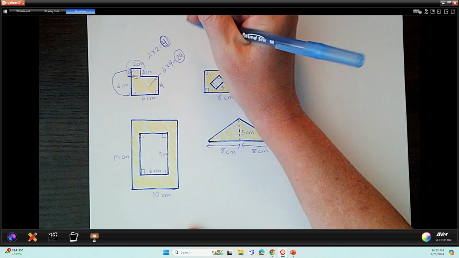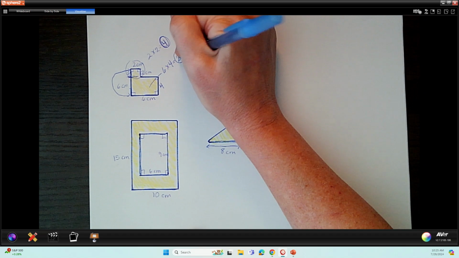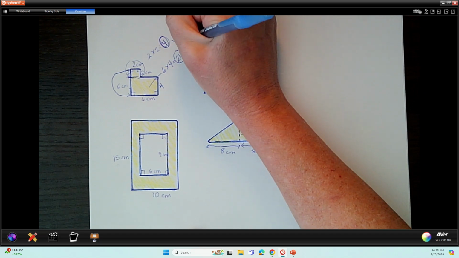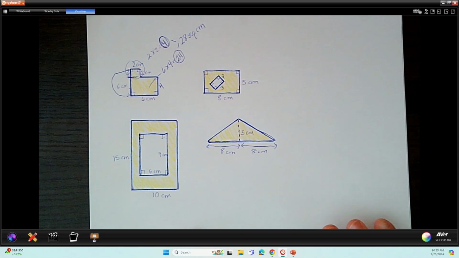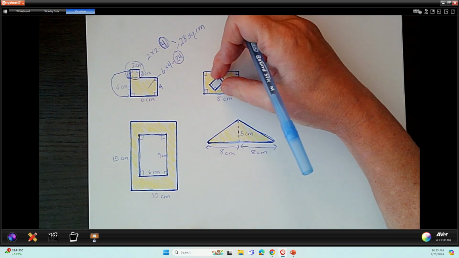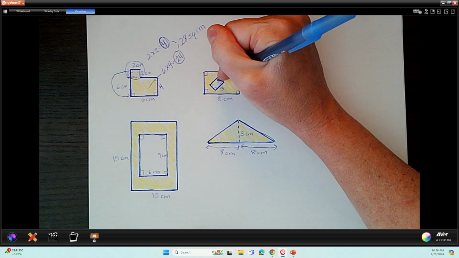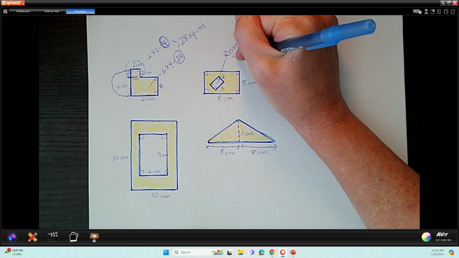So we've got 2 parts, 2 areas. Bottom is 24, the top is 4. Together, they make an area of 28 square centimeters. Okay? All right, this one is easier because this one is literally a rectangle with a smaller rectangle that needs to be removed. Remember, we need to remove it or subtract.